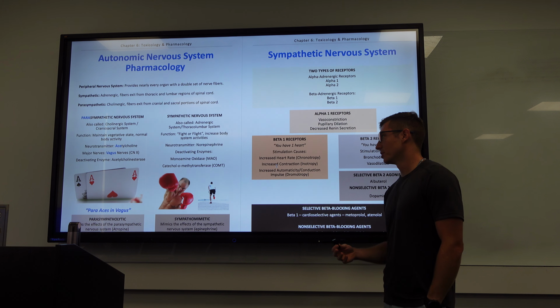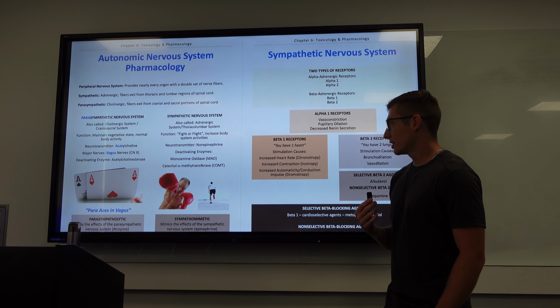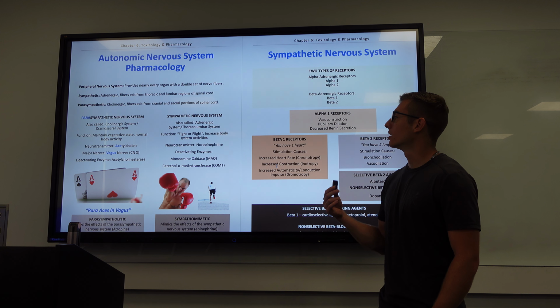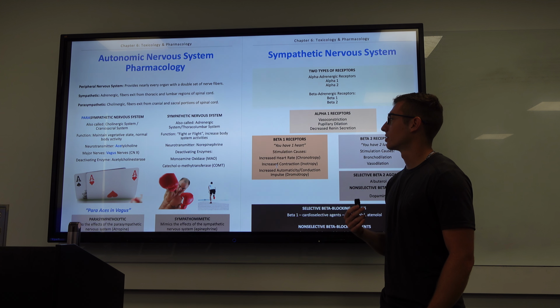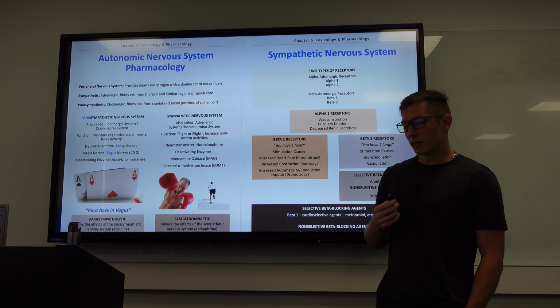In the nervous system, there's the deactivating enzyme, which is your acetylcholinesterase. I forget what that does. That does a lot of different things. Acetylcholinesterase. It'll probably get into it here. So one way to remember this, right?